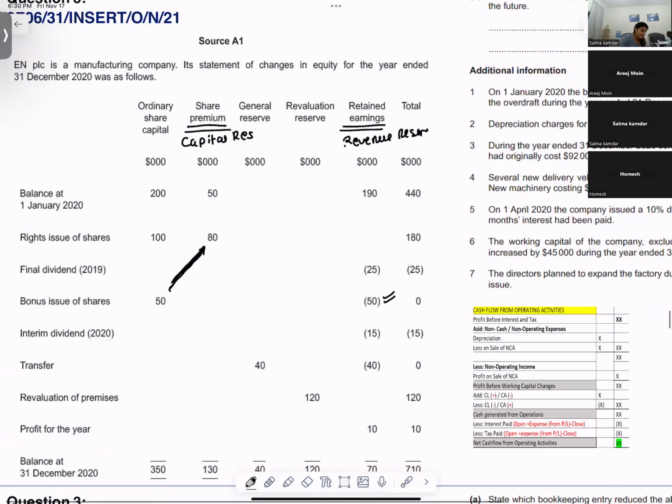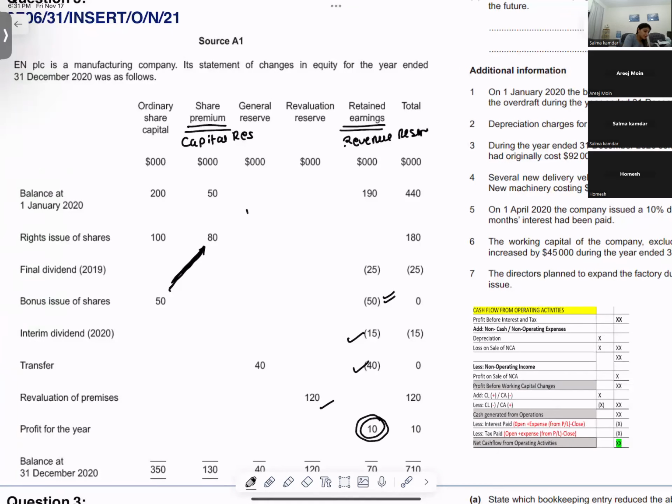Then I am paying interim dividend. I am transferring money from retained earnings to general reserves. There is revaluation of premises and there is profit for the year. Can you all tell me this profit for the year is which profit? The profit before interest and tax or profit after interest and tax? Profit after interest and tax.